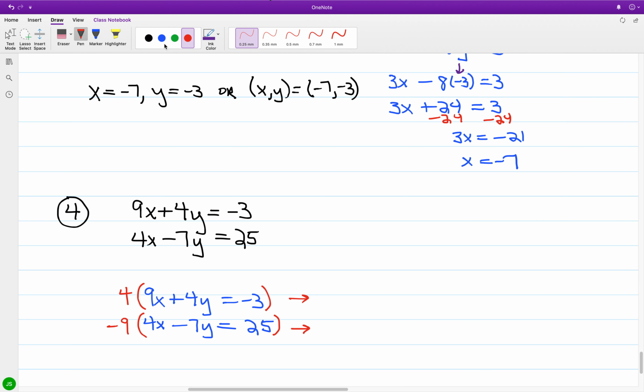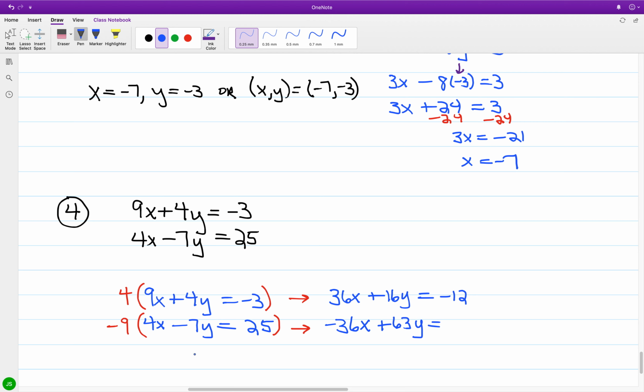If I do this, we have 4 times 9x, which is 36x. 4 times 4y becomes 16y. 4 times negative 3 becomes negative 12. For the second equation, negative 9 times 4x is negative 36x. Negative 9 times negative 7y is a positive 63y.